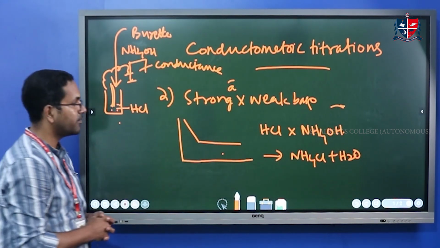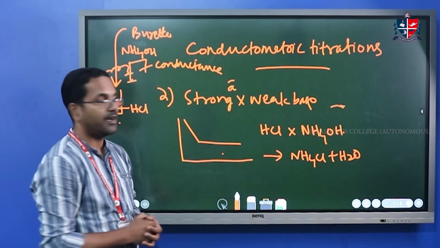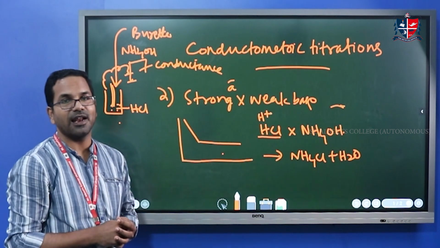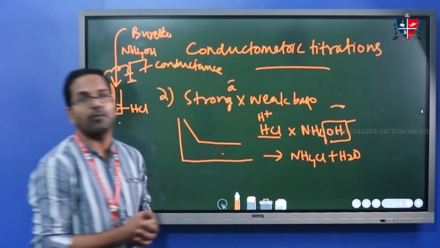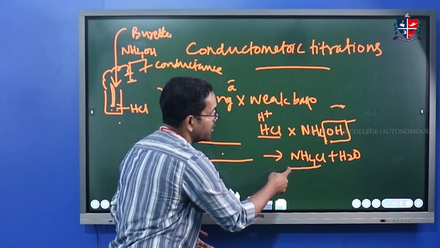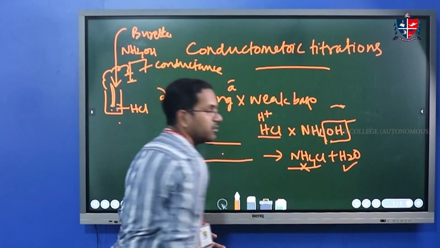So what happens? This HCl will react with the ammonium hydroxide. The H plus ion of HCl will react with the OH minus ion of ammonium hydroxide, and you will get ammonium chloride. Sorry, H plus and OH minus will give water.